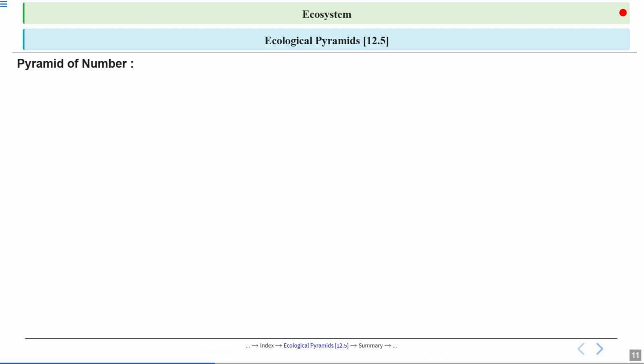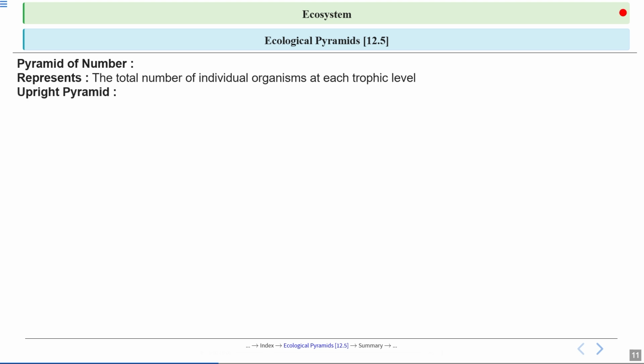Now let's talk about the pyramid of numbers. Okay, so what does the pyramid of numbers represent? It is the total number of individual organisms at each trophic level. Now let's talk about the upright pyramid of numbers.